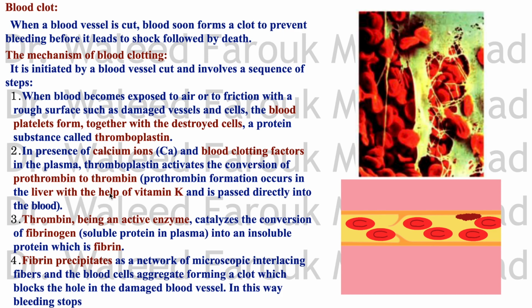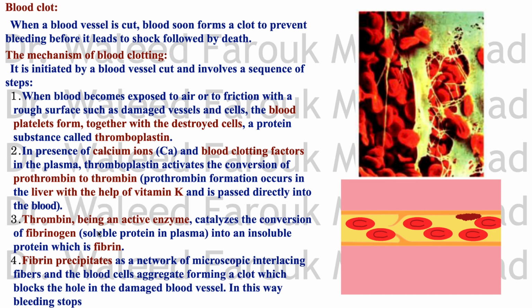Prothrombin is formed in the liver with the help of vitamin K. That's why people with bleeding disorders sometimes need shots of vitamin K to enhance the clotting ability of the blood. After thrombin is formed, it acts on the inactive fibrinogen, which is a soluble protein in plasma, to convert it into fibrin.